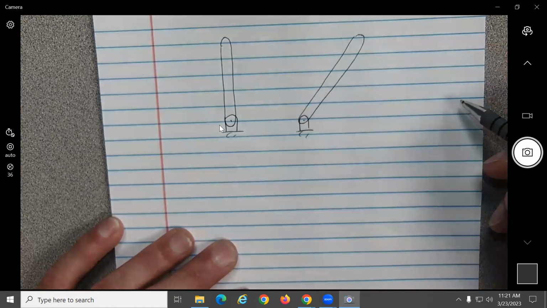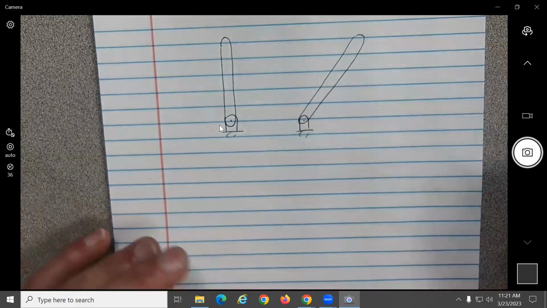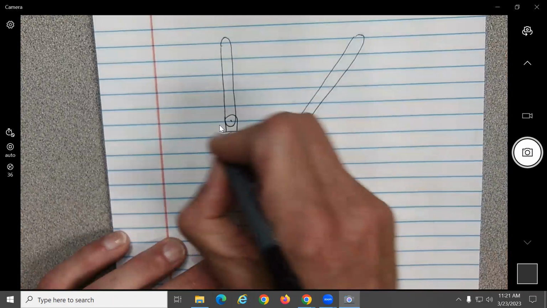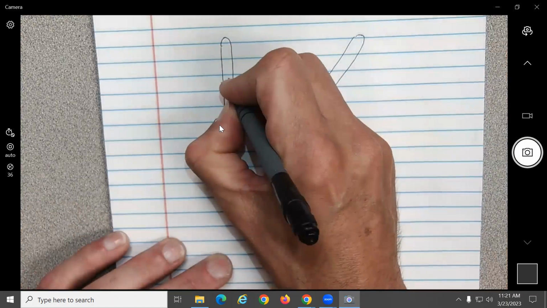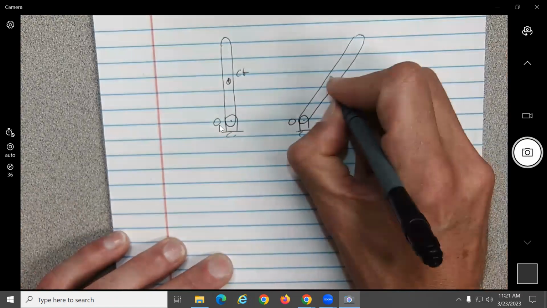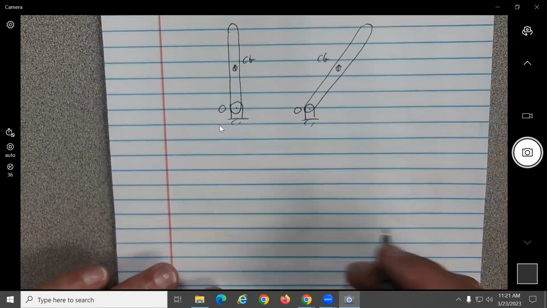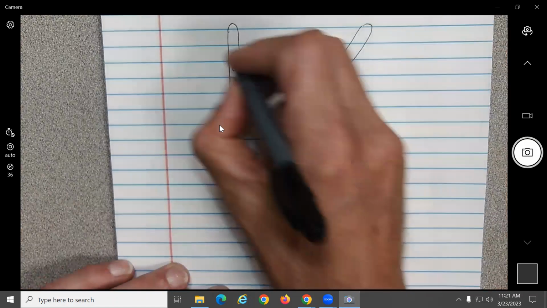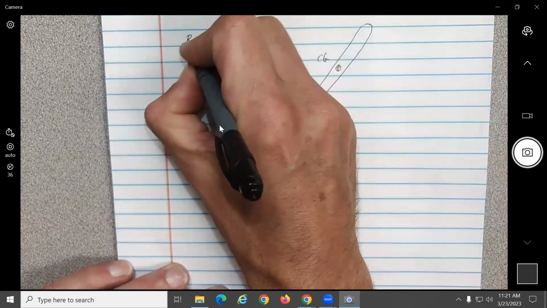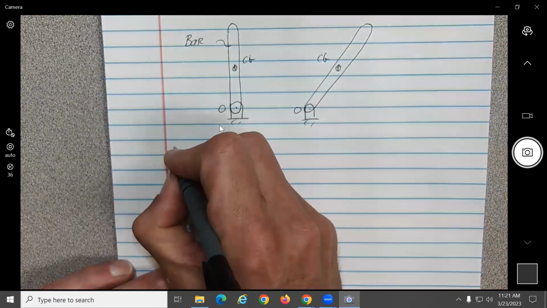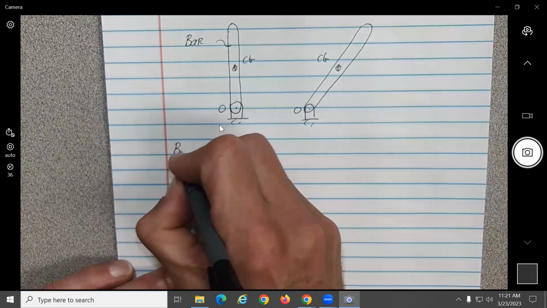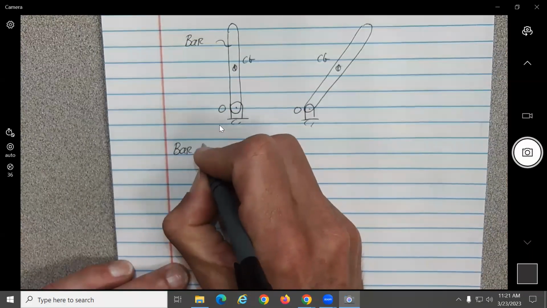I think there's a cable then, no? Or something like that, okay? But basically the important point here is A, O, or we can say here, let's say CG. All right? Okay. So, and this is the bar. So let's look at bar motion.